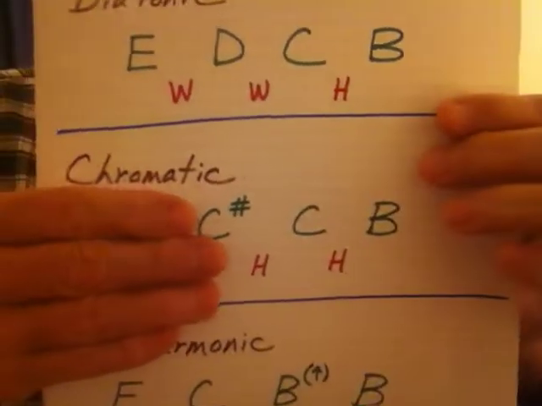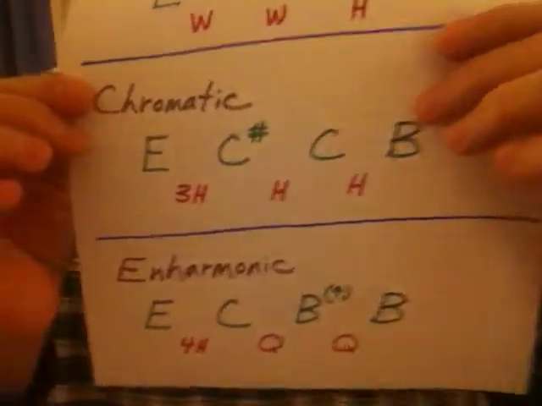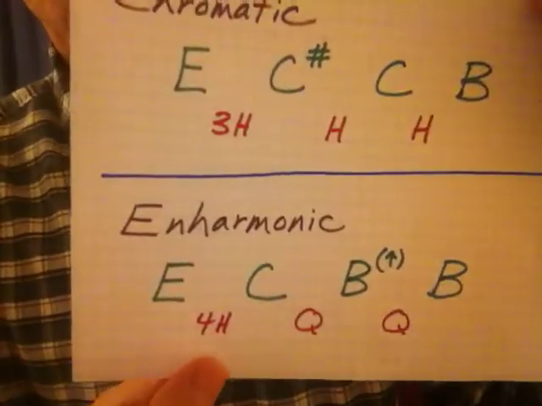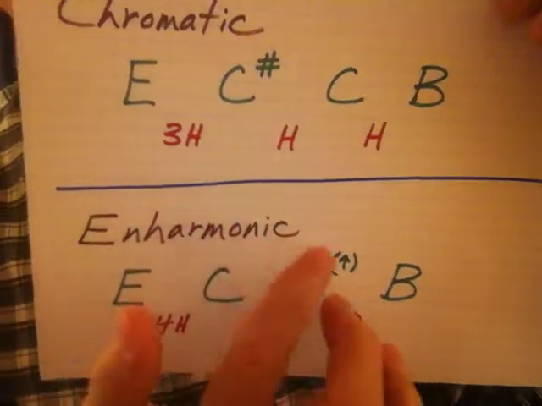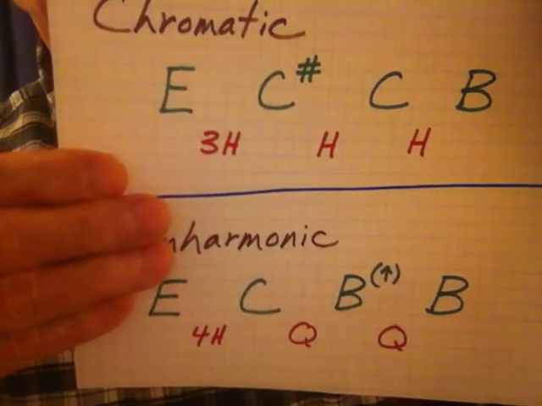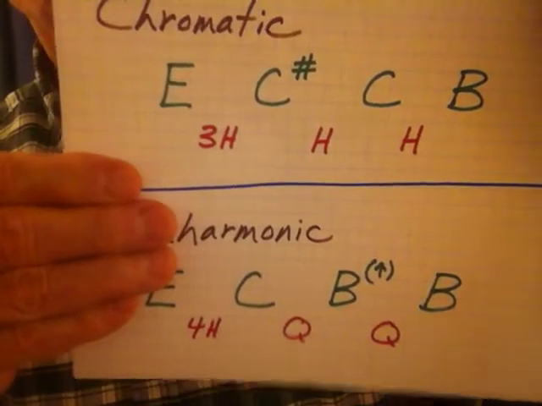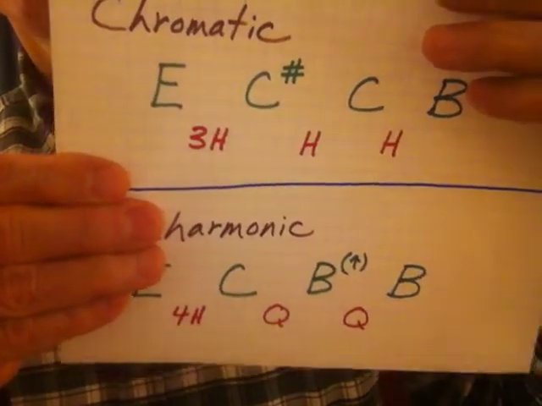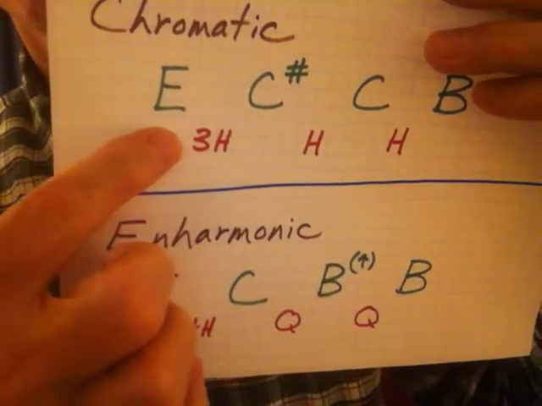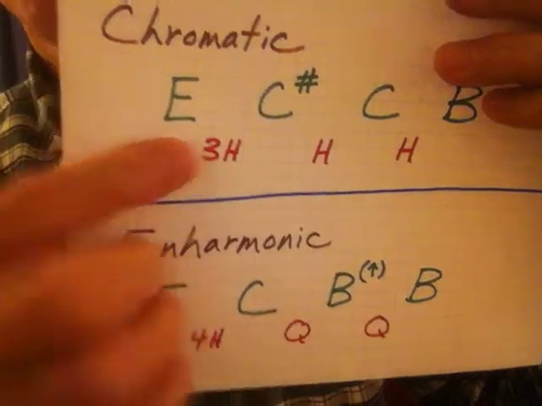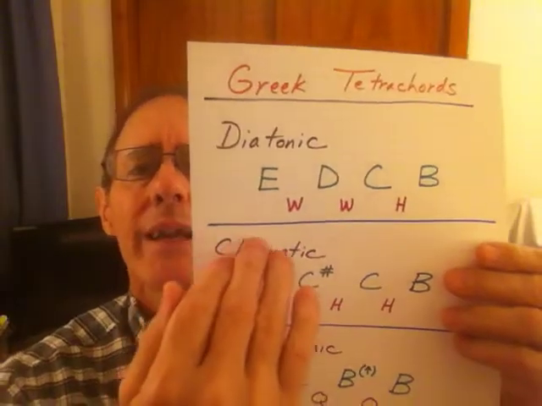So then down here, for enharmonic, what I did was I just kept the term harmonic, and I applied it to the 3 half-step interval so that we wouldn't completely trash the chromatic basic germ idea, the seed idea. So we don't completely trash it. We keep it, we employ it.